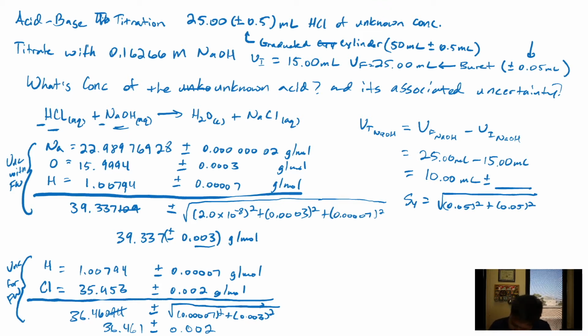And you should get SY equals something like 0.0707106, and then we can just put this number up here and round it off to the nearest number that is uncertain, which is 0.07. Just like that, okay? So all the prep work is done now.